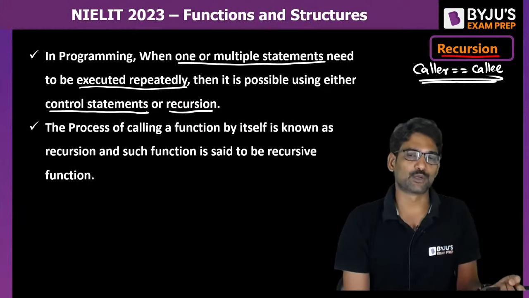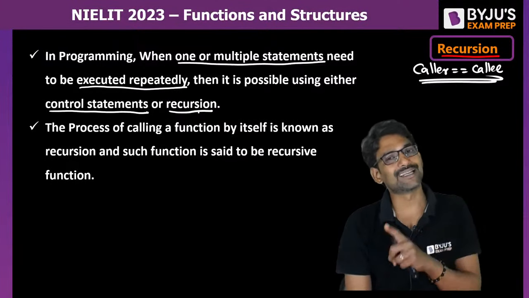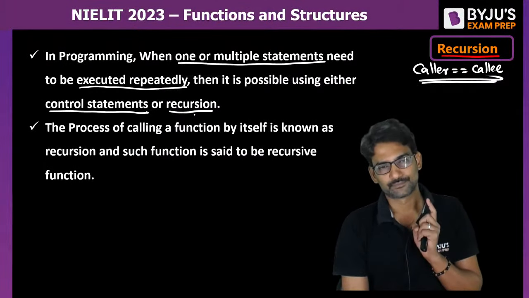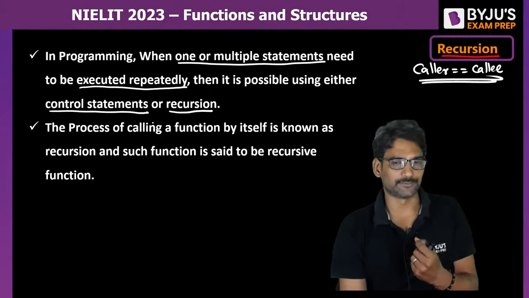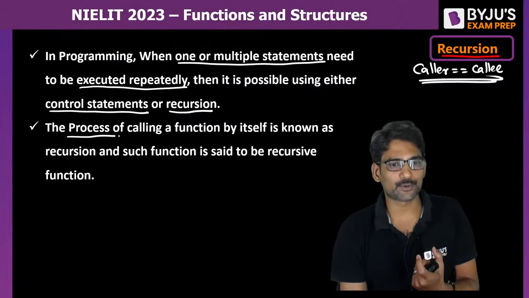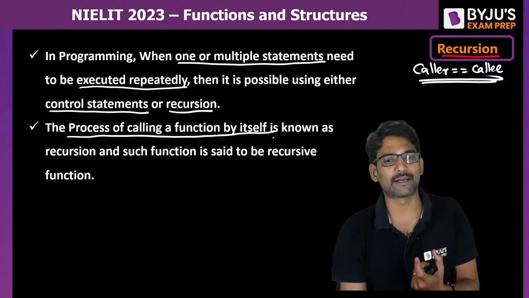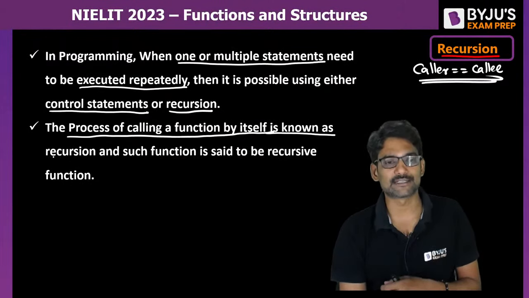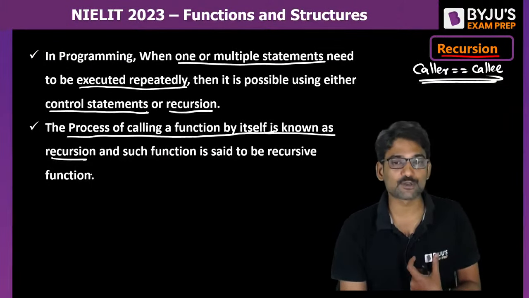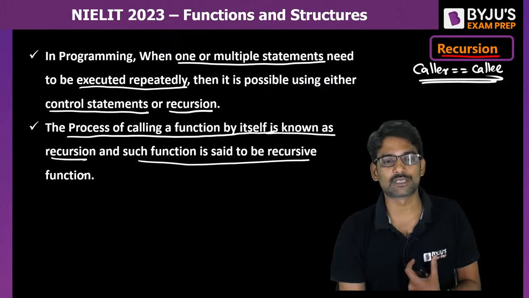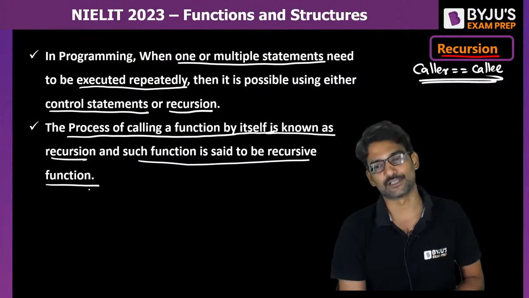Using control statements you can do it, using recursion you can do it. So here the context is recursion. The process of a function calling itself is known as recursion. And the function that calls itself is called a recursive function.